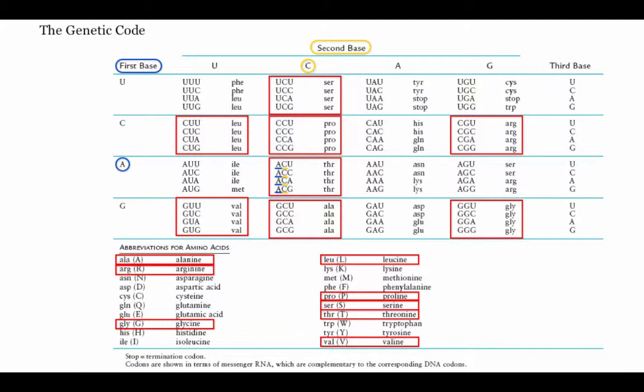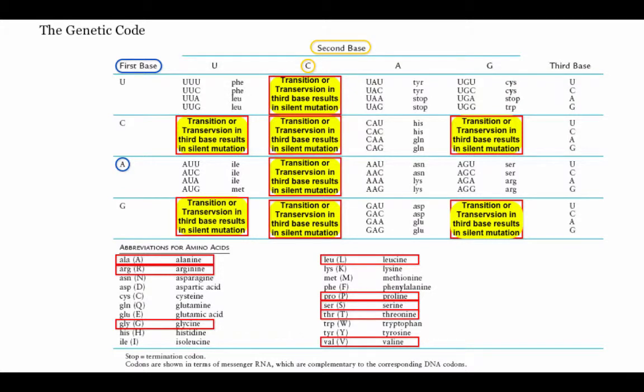As a result, you can swap any of these third bases for any of these groups of codons, and you will end up with a silent mutation. So here you see in the yellow, transition or transversion in third base results in a silent mutation.